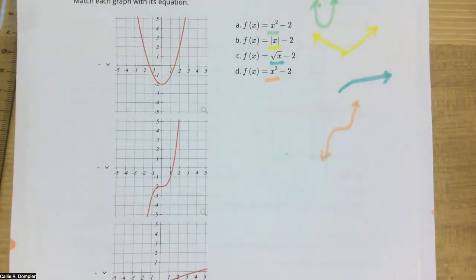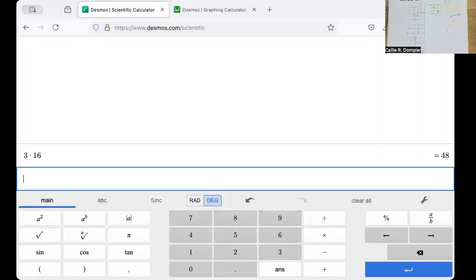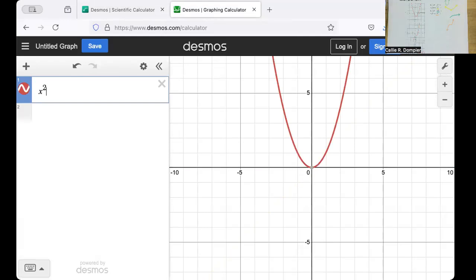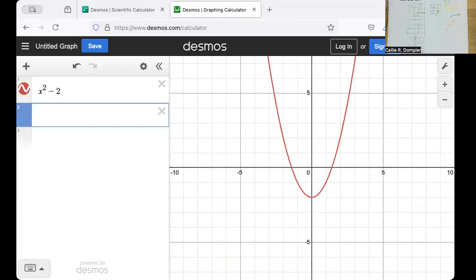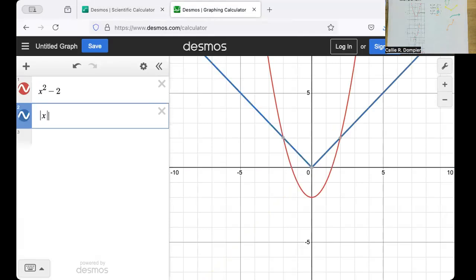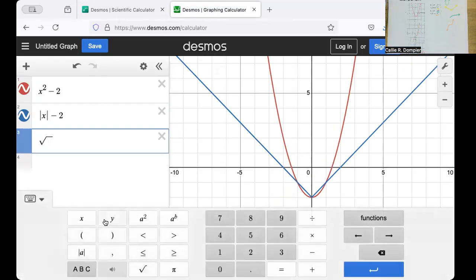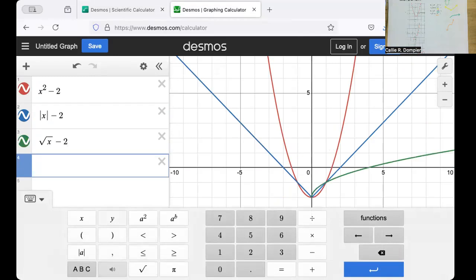To check your answers, you can graph them. So it was f of x equals x squared minus 2. Absolute value of x minus 2. Square root of x minus 2. And x cubed minus 2, right?